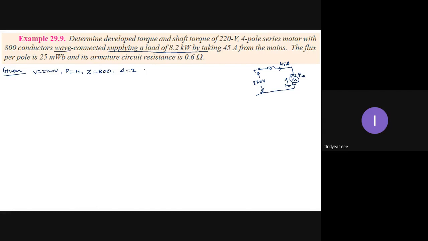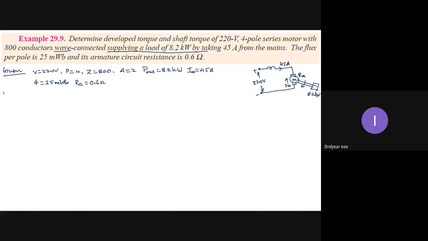Supplying a load of 8.2 kilowatts, so this is P out, by taking a current of 45 amperes. So armature current and line current are same. The flux per pole phi is 25 milliwebers and its armature circuit resistance RA equals 0.6.